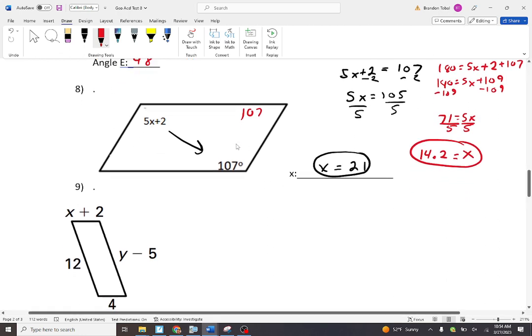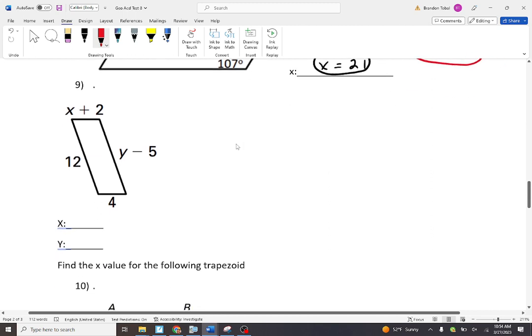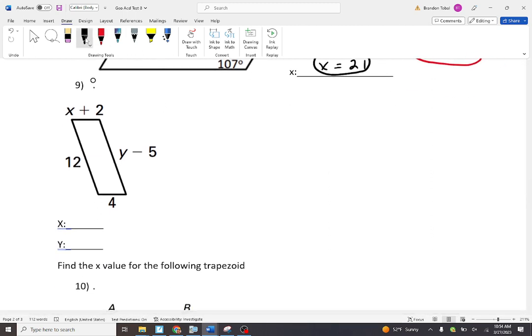The next one is about the sides. The sides across from each other in a parallelogram are equal. So that means here and here, x plus 2 equals 4. Subtract 2 on both sides. X equals 2.